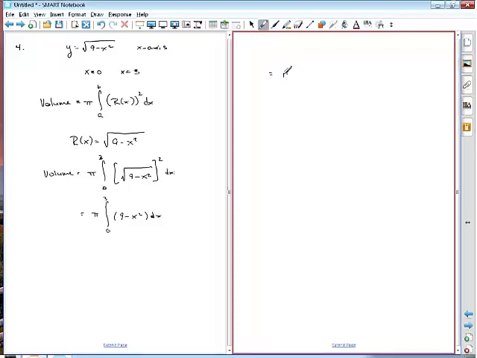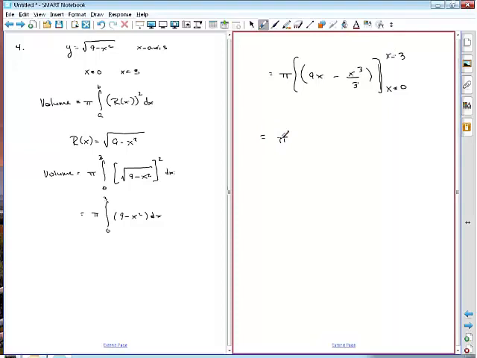So we get pi, which is our constant, times the integral of 9 dx, and that's equal to 9x. We subtract off the integral of x squared dx, which is x cubed over 3. And we'll evaluate that integral between x equals 0 and x equals 3.